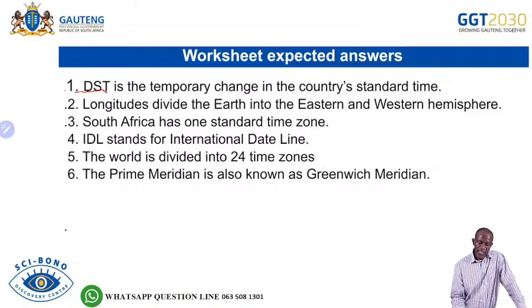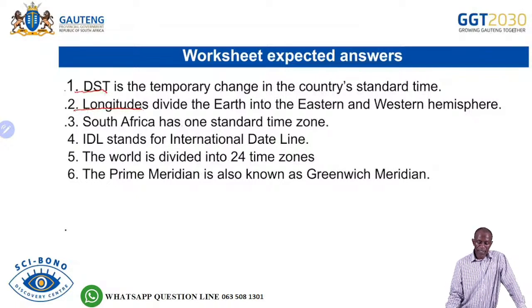The second question required you to mention what divides the Earth into Eastern and Western Hemisphere, and the answer to that was longitude.